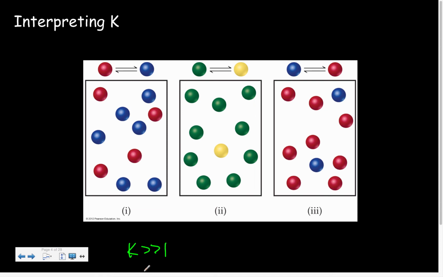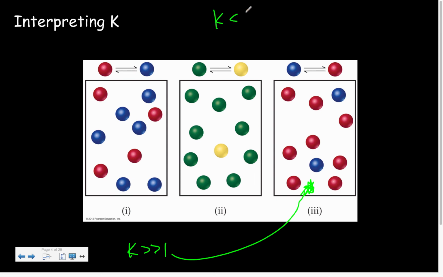It means we produce a boatload of product, yes? It means that when we reach equilibrium, when we reach the place where macroscopically there is no further change, we have more product than reactant present. Which means that this would be an example of K significantly greater than 1.